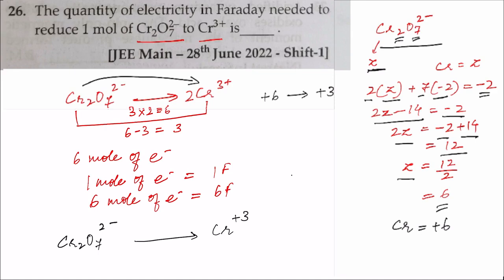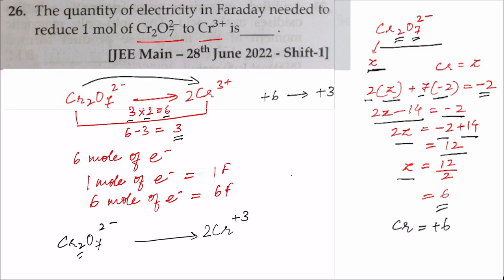Now to balance the number of chromium atoms, here it will be 2 Cr3 plus. So for one chromium atom, the change in oxidation state is by 3. Therefore for 2 chromium atoms, the change in oxidation number will be 3 into 2, that is 6. So total change in oxidation number is by 6.